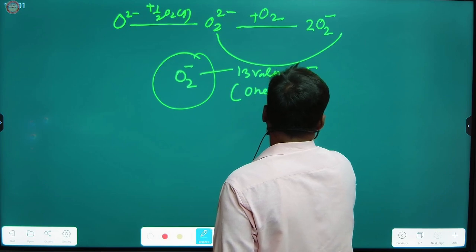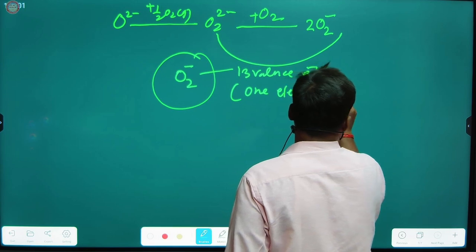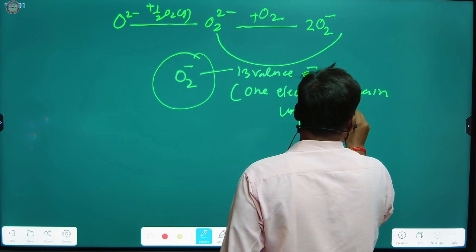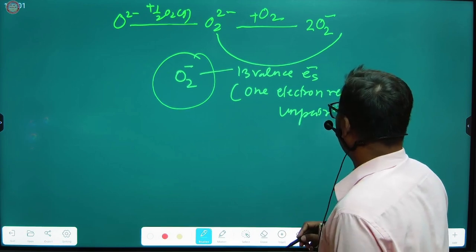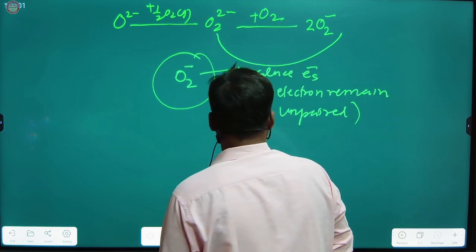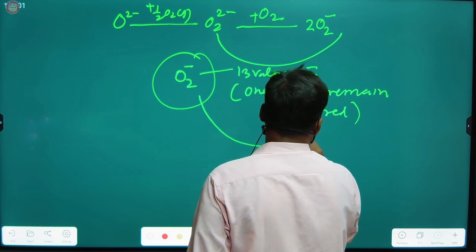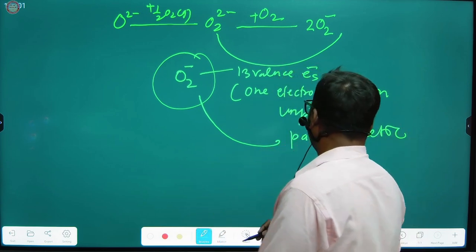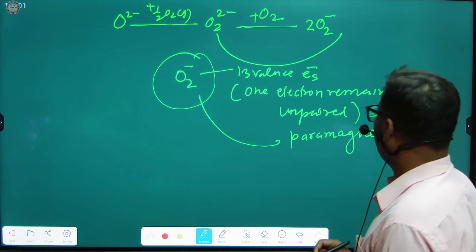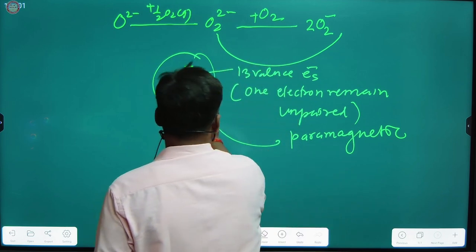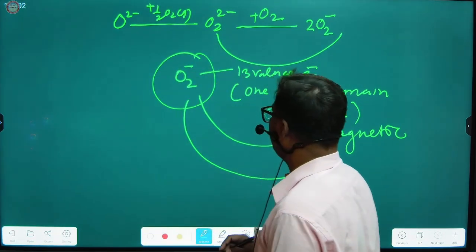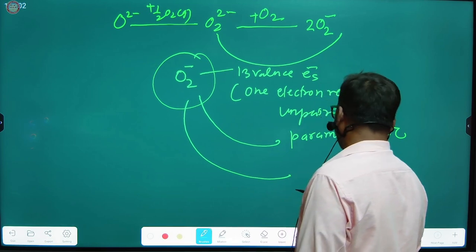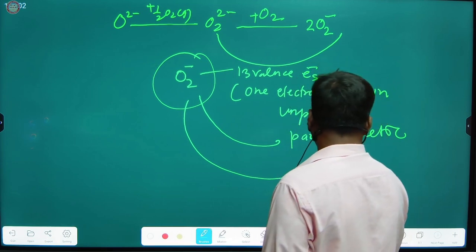Again, one electron remains unpaired, right? So due to the presence of one unpaired electron, it is paramagnetic in nature. And due to the presence of one unpaired electron, electronic transitions occur, and the compounds which form by alkali metals are actually colored.